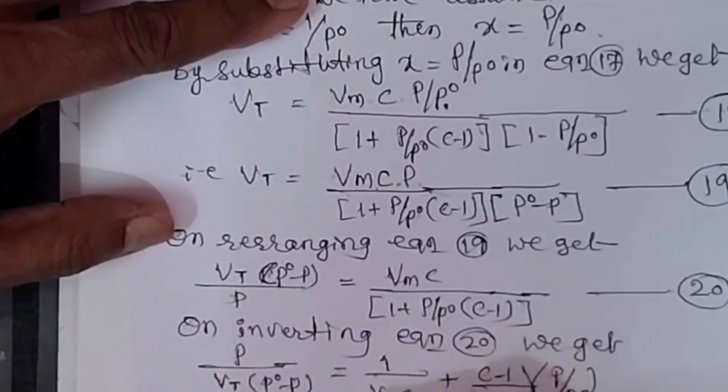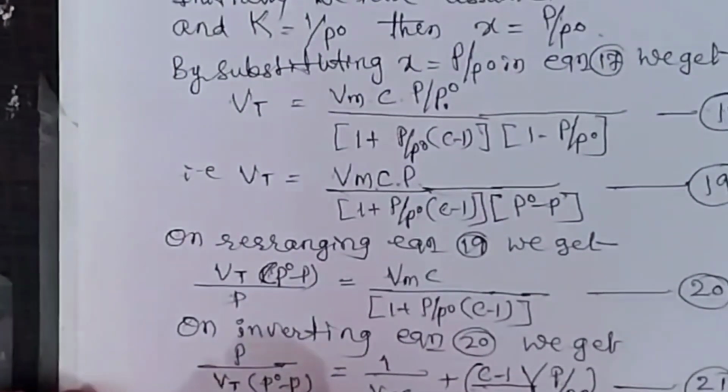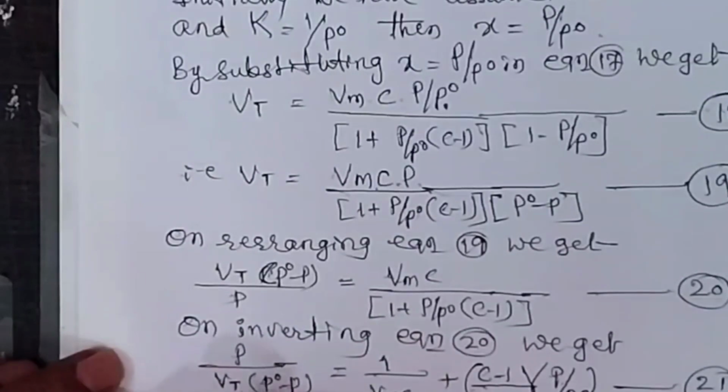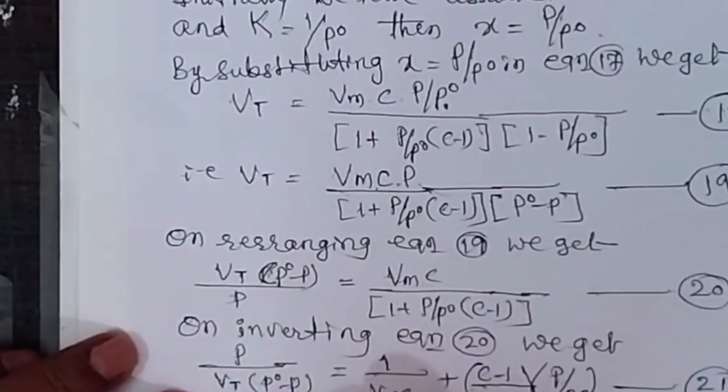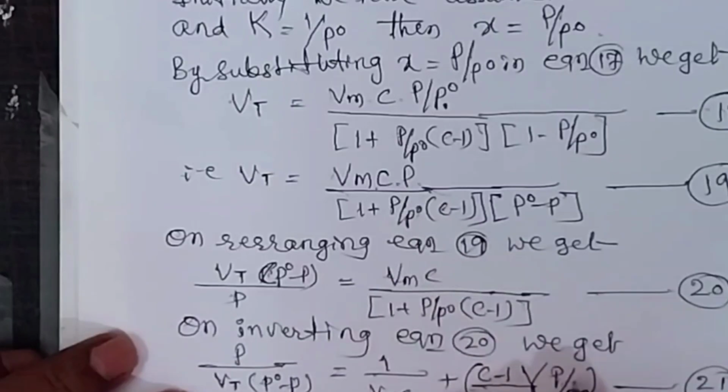Suppose this is equation 21. That is P divided by Vt, P naught minus P, 1 divided by Vmc, C minus 1 is the numerator, divided by Vmc into P divided by P naught. Okay.